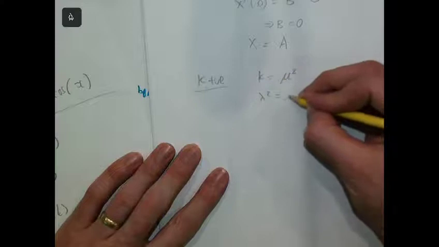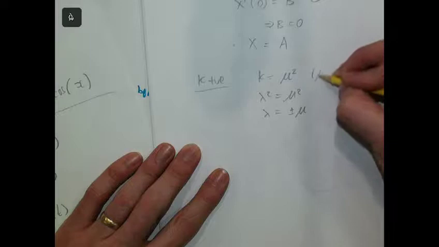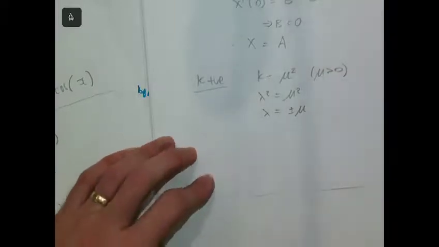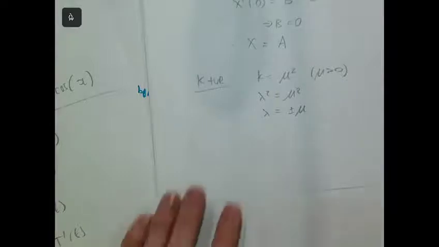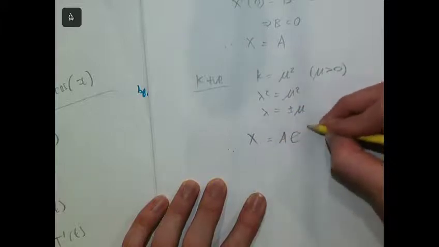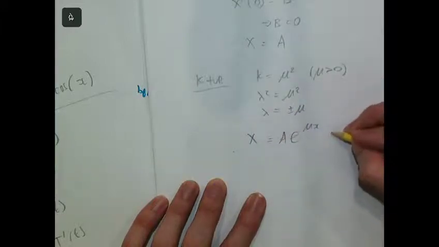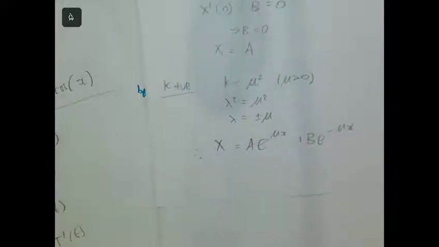Lambda squared is mu squared, and lambda equals plus or minus mu. I am going to specify that mu is positive, so that when I talk about the plus or minus mu, it's unambiguous. Okay, which means that since I've got two real different solutions, therefore X is something e to the mu x and something e to the minus mu x, because that's how you do it when you get two different real solutions.